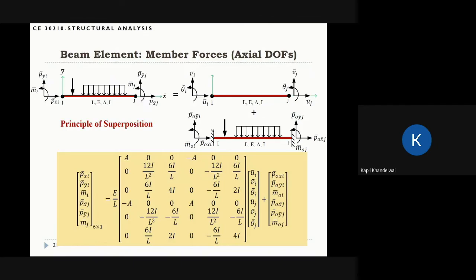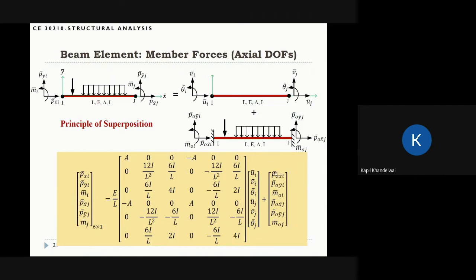We can take this system and include more degrees of freedom. If there is a beam element in space, every node has 6 degrees of freedom. So you can think there are 6 degrees of freedom here and 6 degrees of freedom here. A single element will have 12 degrees of freedom, so the stiffness matrix for a beam element will be 12 by 12.